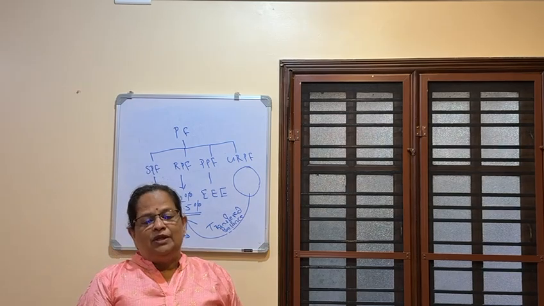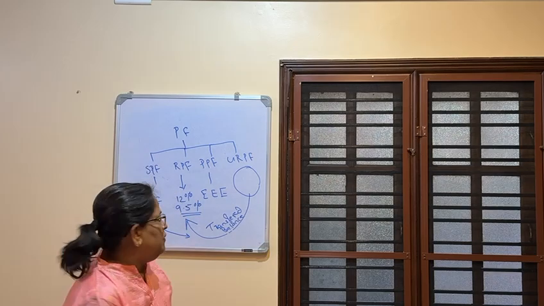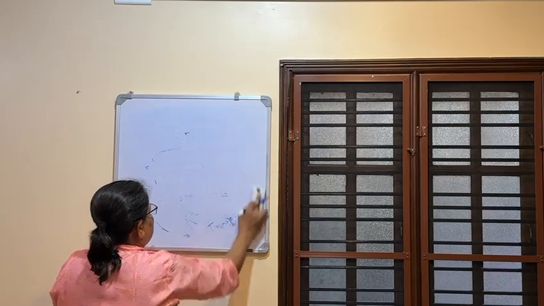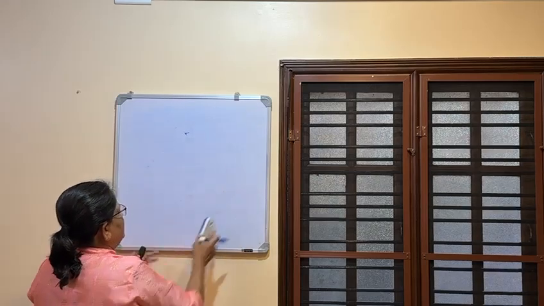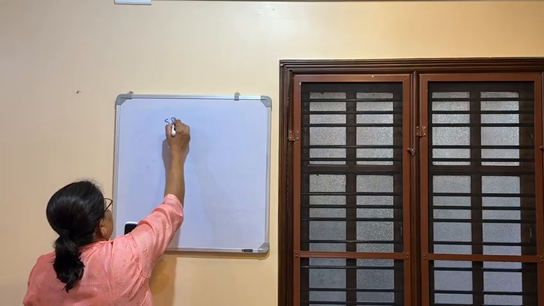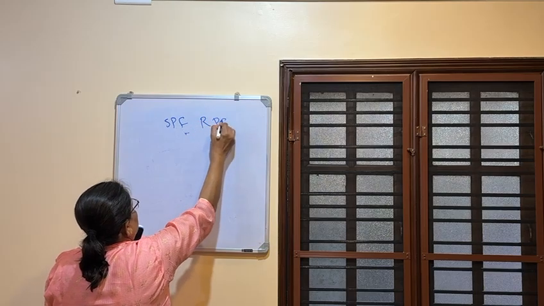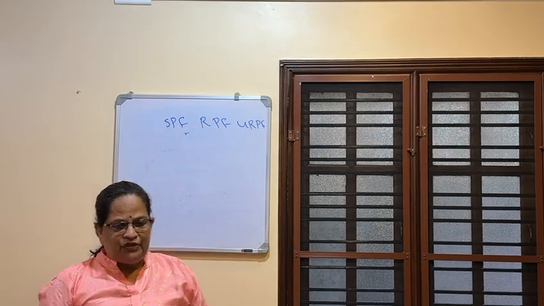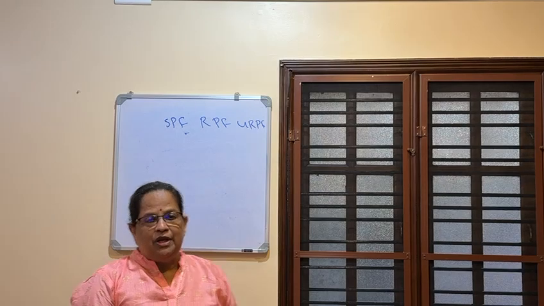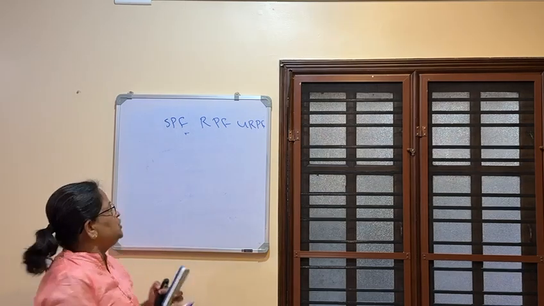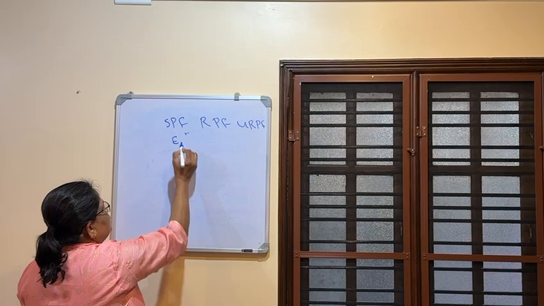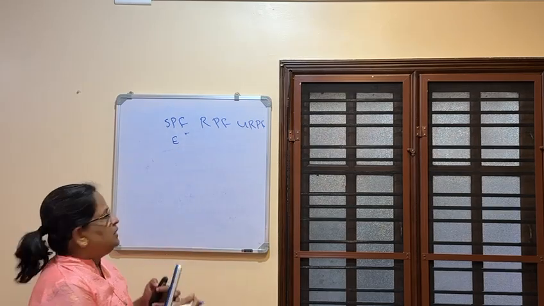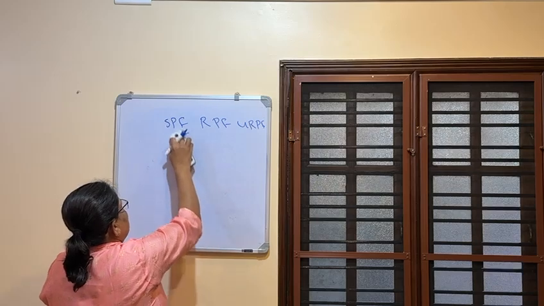Now I'll give you the comparison of statutory provident fund, recognized provident fund, and unrecognized provident fund. You have to remember SPF, RPF, URPF. So first point, if you see, employee's contribution. For SPF, it fully qualifies for exemption, 80C deduction. For RPF, here 80C deduction you will get.